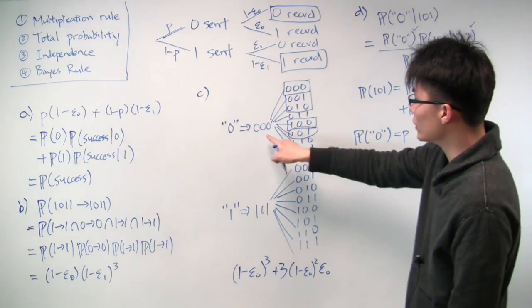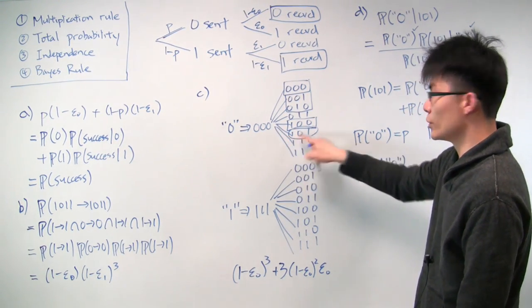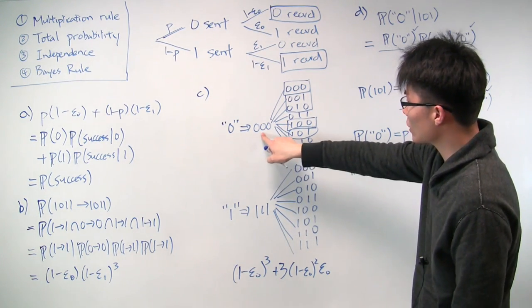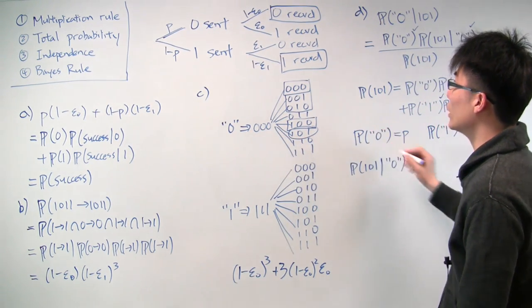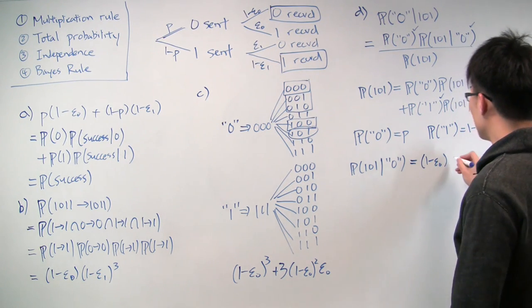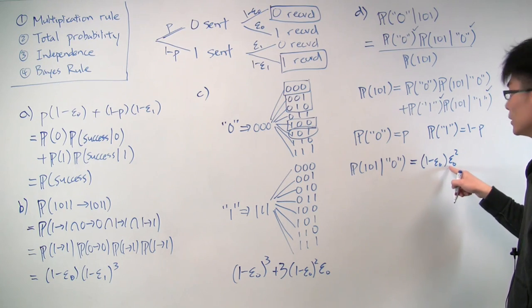In this case, we have 1 successful transmission of a 0 plus 2 failed transmissions of a 0. That 1 successful transmission of a 0 has probability 1 minus epsilon naught. And now we have 2 failed transmissions of a 0, so we multiply that by epsilon naught squared.